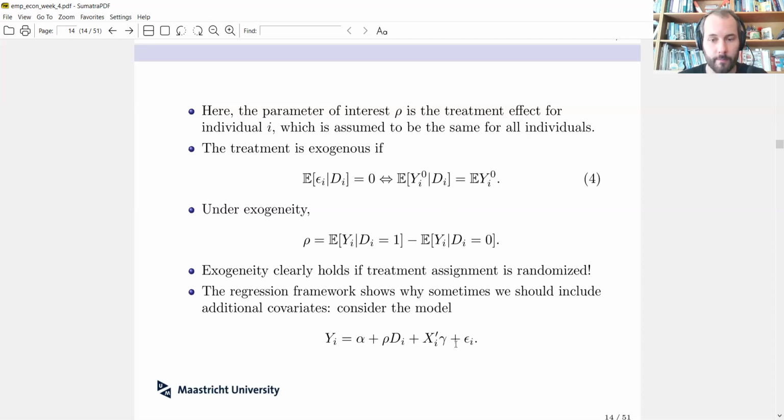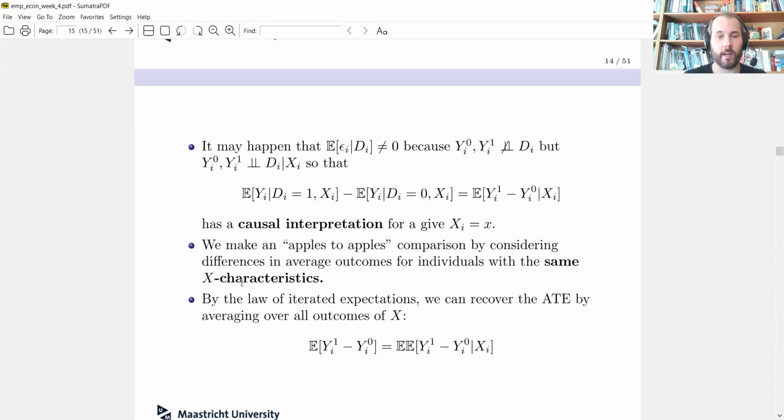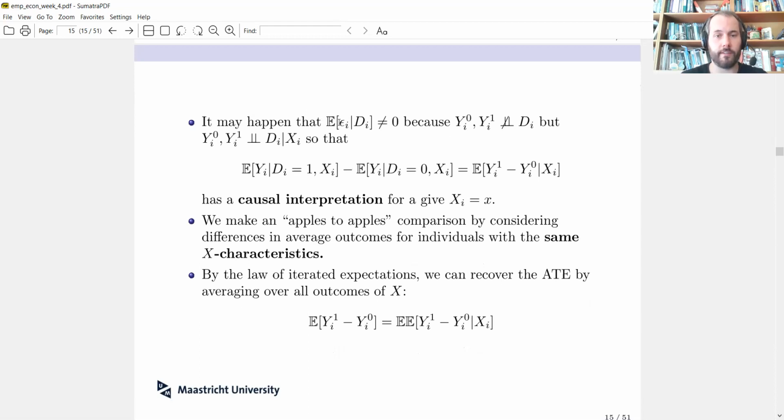Well, the important thing is that now we can plug in some additional X variables, and this can have multiple advantages. The most important one is that sometimes exogeneity does not hold because the treatment is not independent from the potential outcomes.